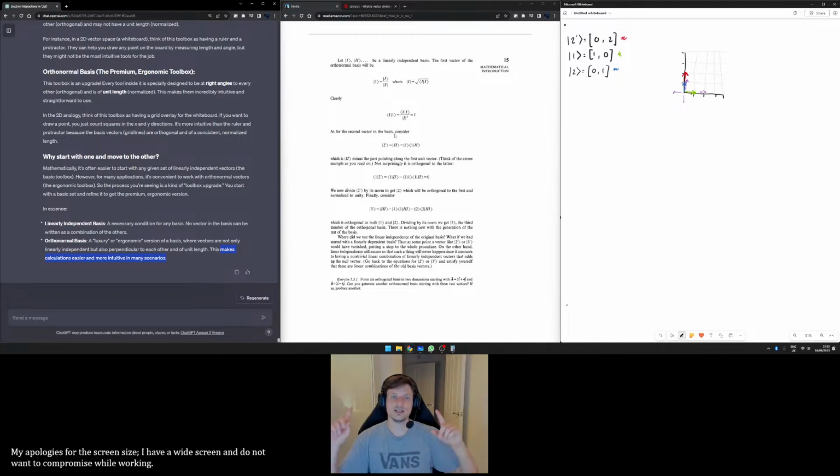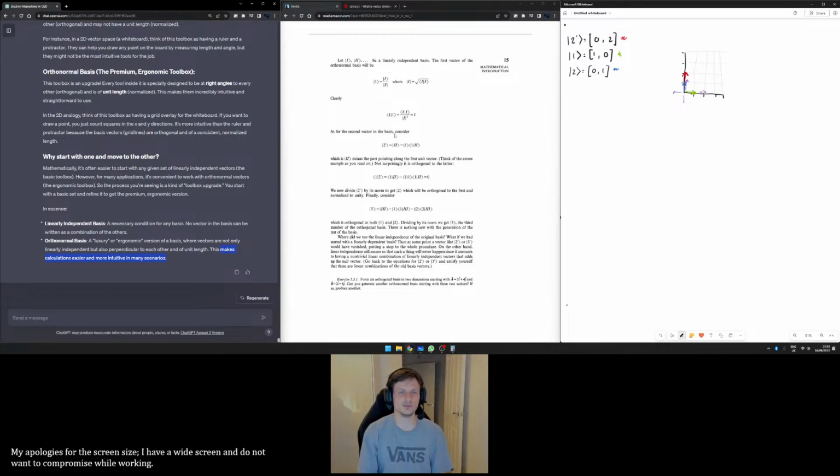As for the second vector in the orthonormal basis, consider this. You take the 2 and subtract, using our new tool and taking an inner product, the part pointing along the first unit vector.